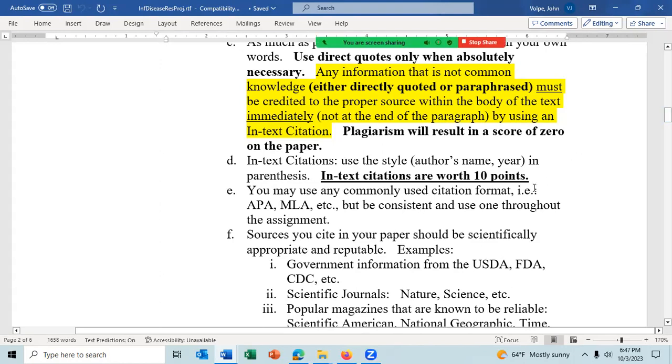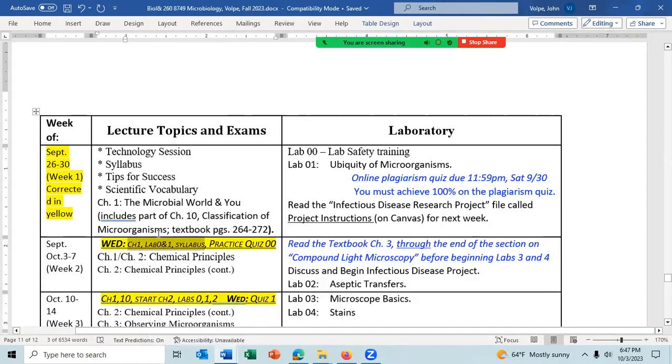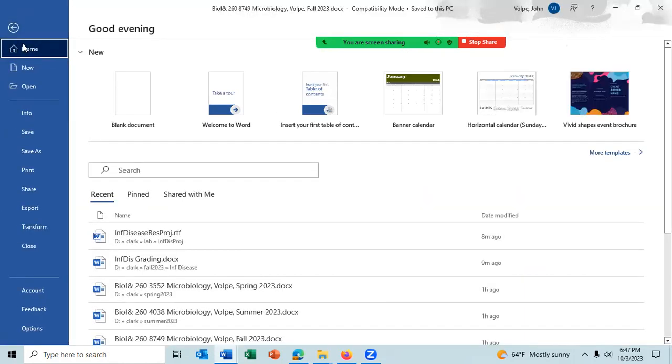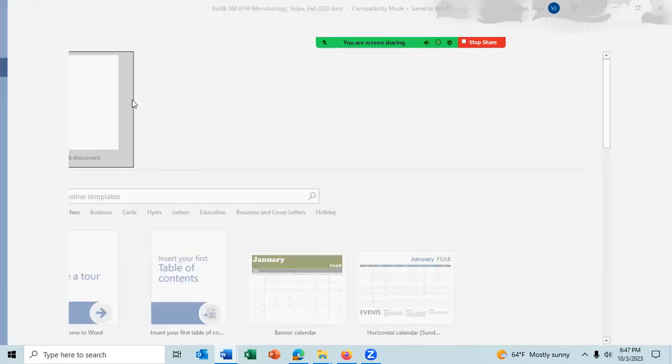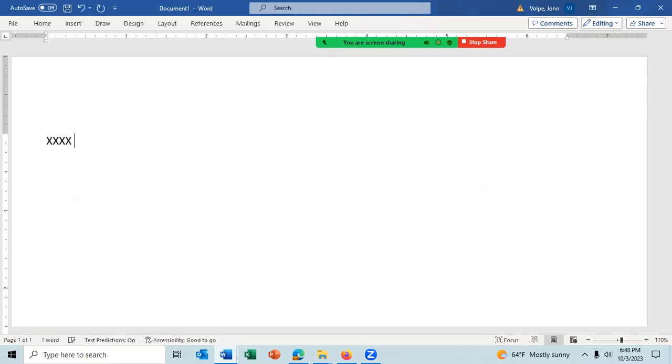How you do an in-text citation is, let me just open up a new page. You have your facts, which are not commonly known, and then you go parentheses, give the author's last name, Smith, give the year, and then close the parentheses.